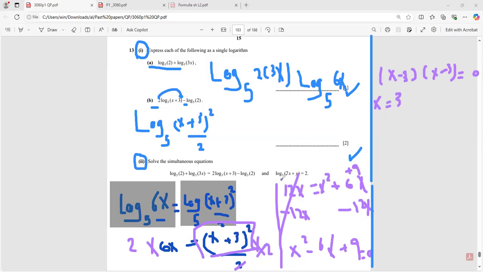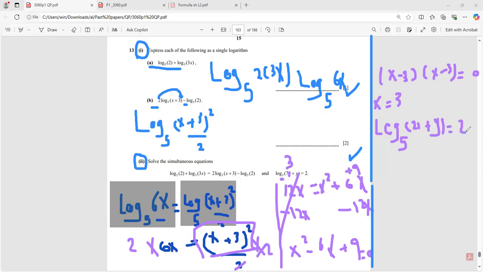And for this one, for log base 5 of 7x, we can replace the x with 3, which will be 7 times 3, which is 21. So log base 5 of (21 plus y) equal to 2.